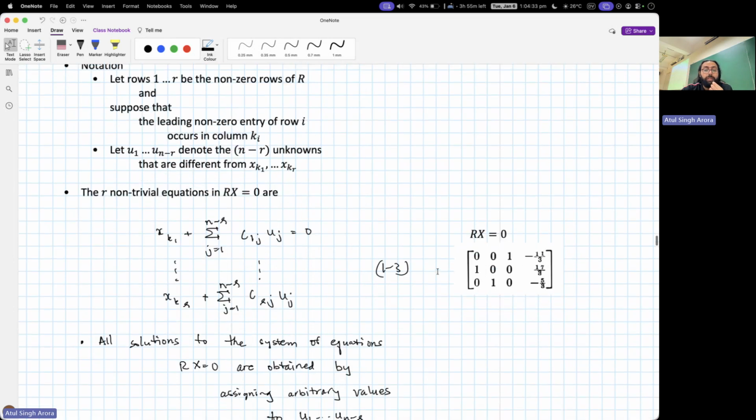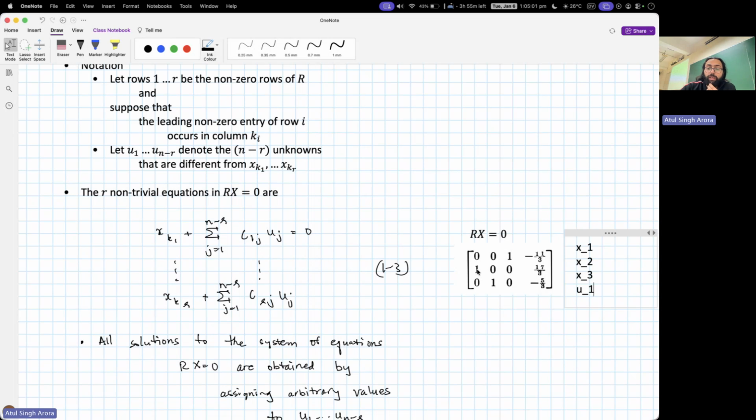Okay. So now when you write down R times x equal to 0, this would basically correspond to this system of equations. So you would have xk1. k1 you can think of as 1. So you would have x1, which is coming from here. It's row times column. So row times x1, x2, x3.